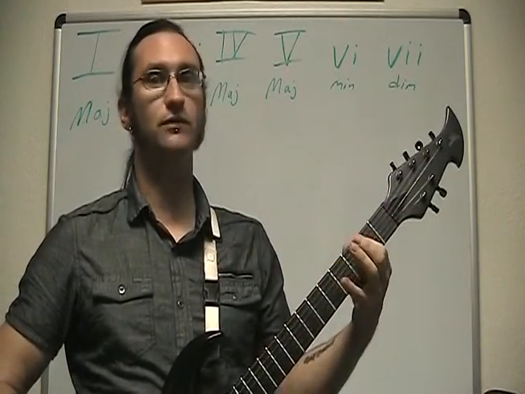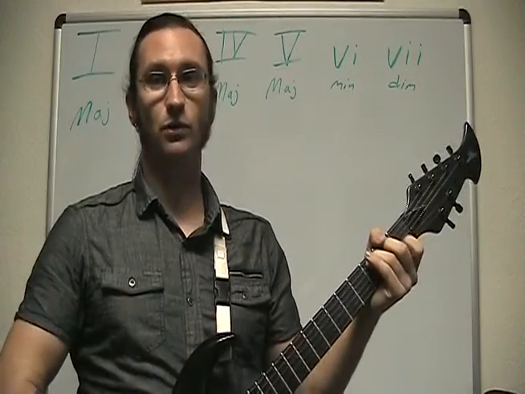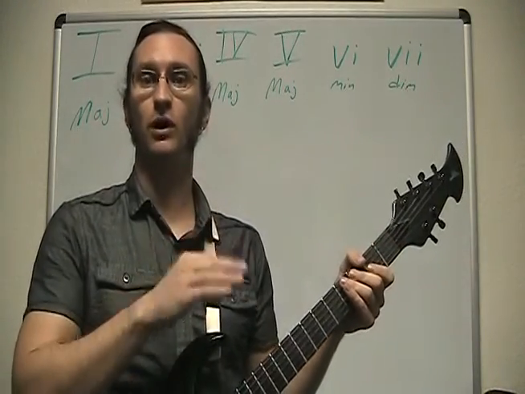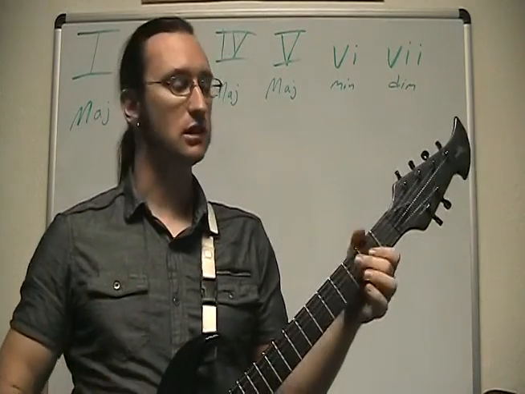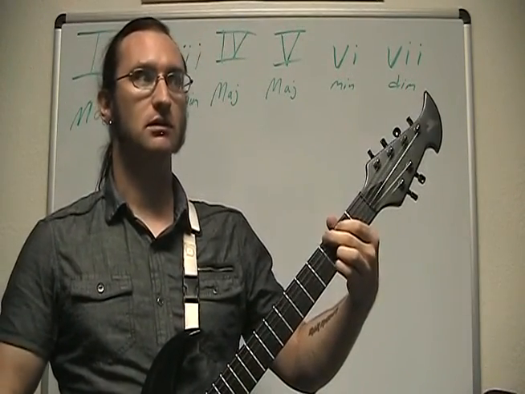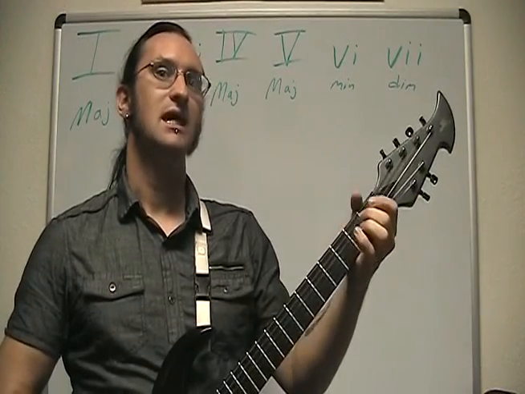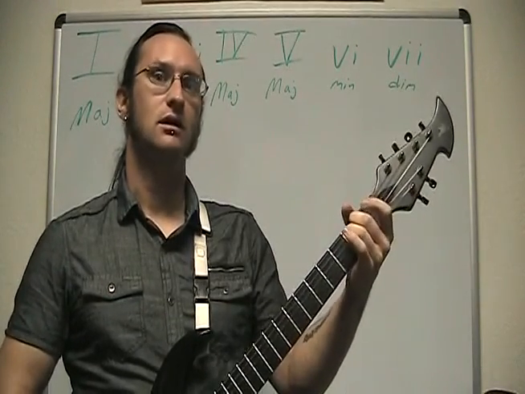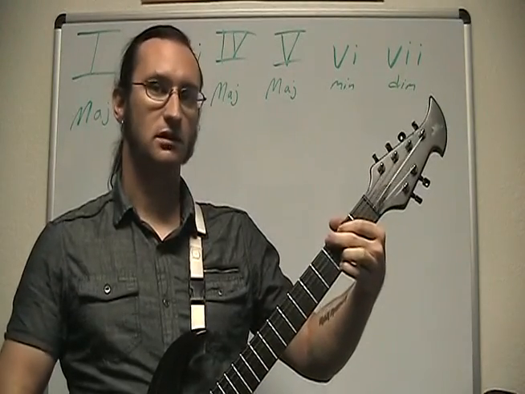And then 1, 2, 3, 4 lands us on C. So we have C major for chord number 4. So a 1, 5, 6, 4 chord progression in the key of G would be G, D, E minor, C major.